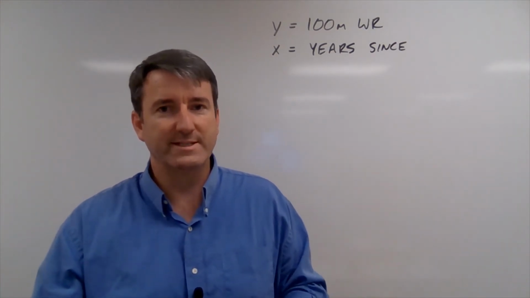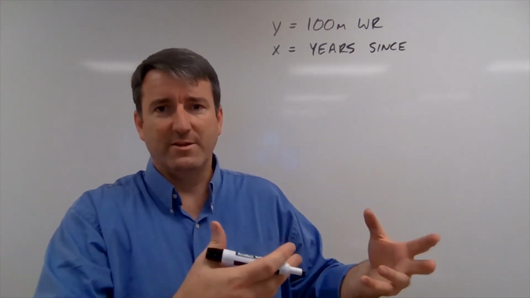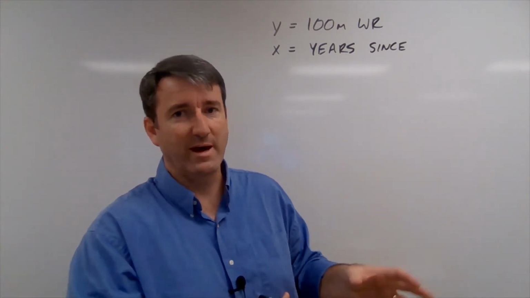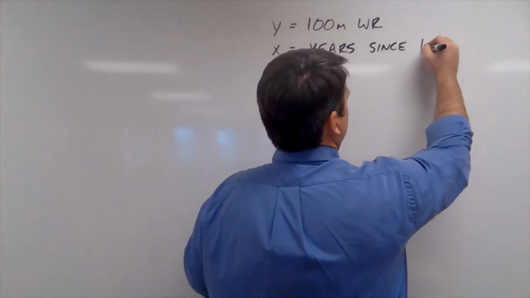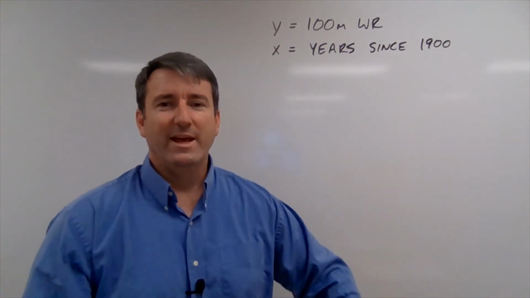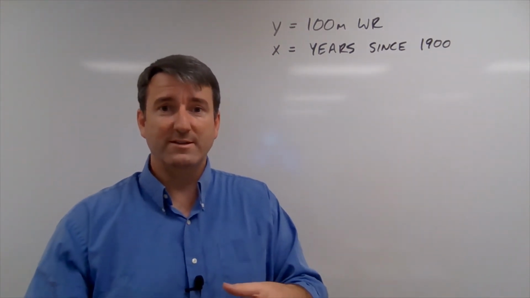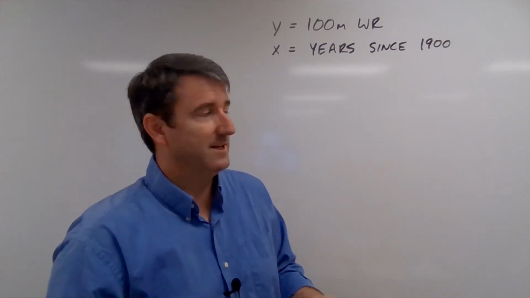But in order to demonstrate the 3 steps that I talked about earlier, I'm going to make this 1900. It's a nice round year, and that way, if we say x equals 60, for example, we know that that means 1960.